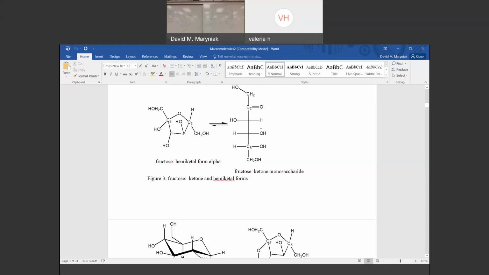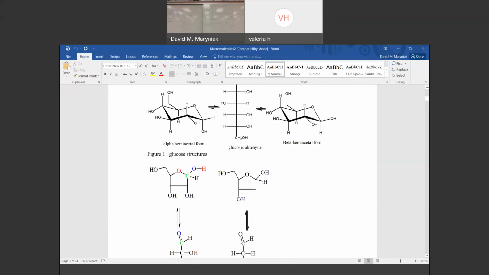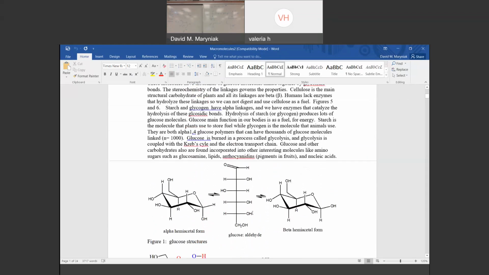So now is when you'll realize you're not going to be asked to draw these on a test, but will you be asked to recognize them? So if we scroll back up, would you say that glucose is a 6-carbon aldehyde? And does it cyclize to a hemiacetal?